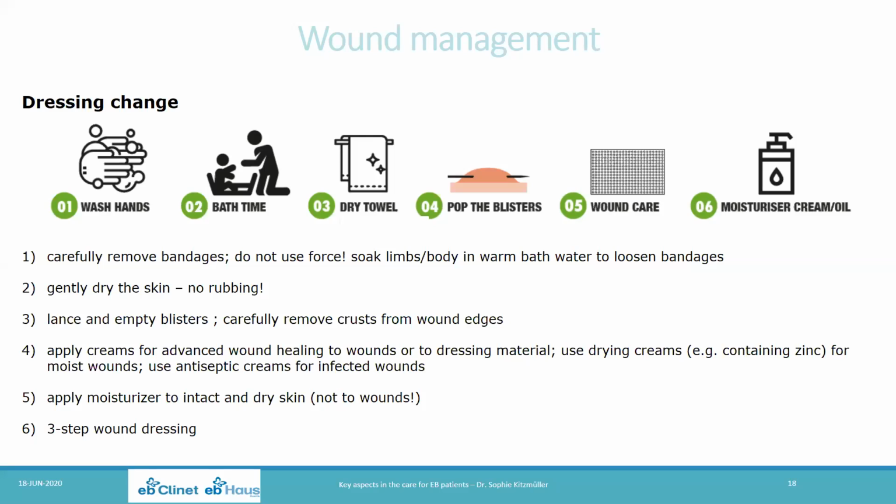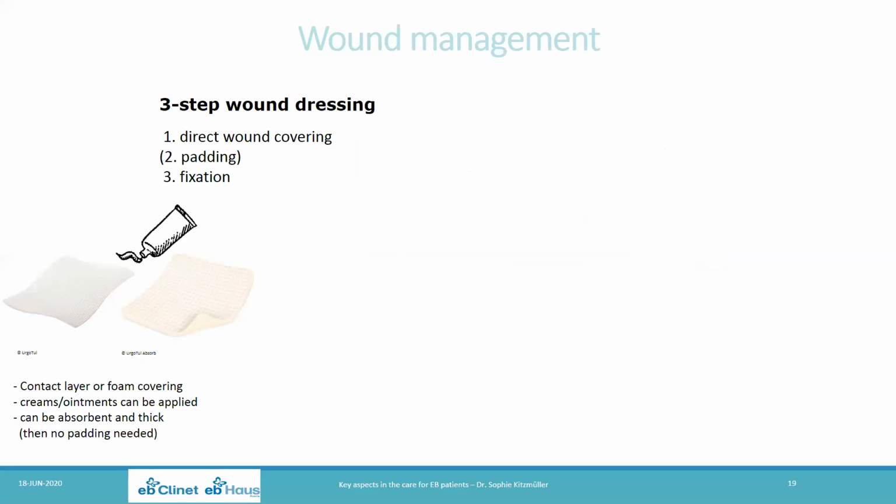Only on the surrounding skin and non-affected skin, but not on wounds. And then in our experience, the best way to do the dressing is a so-called three-step wound dressing. This consists of first a direct wound covering, then a padding and a fixation.